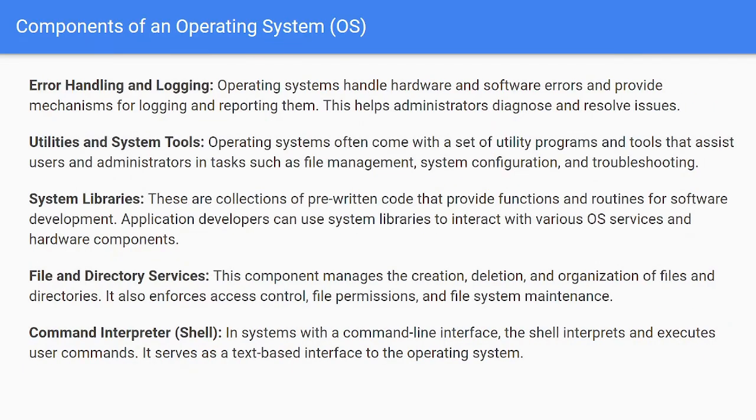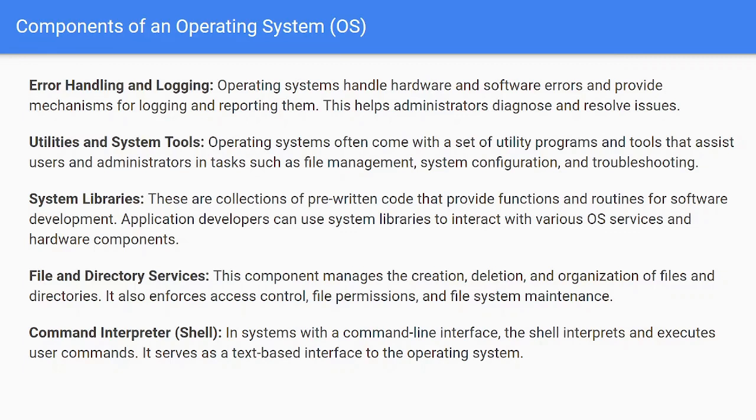All right, more components of an operating system. We have error handling and logging. The operating system handles hardware and software errors and provides mechanisms for logging and reporting them. We talked about this before.